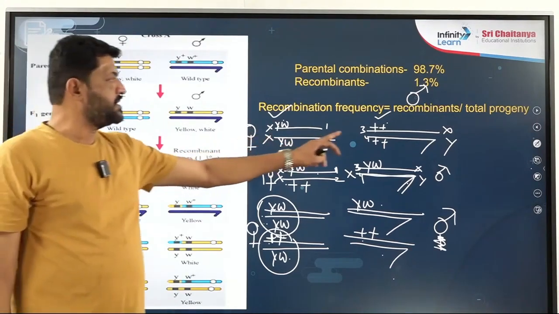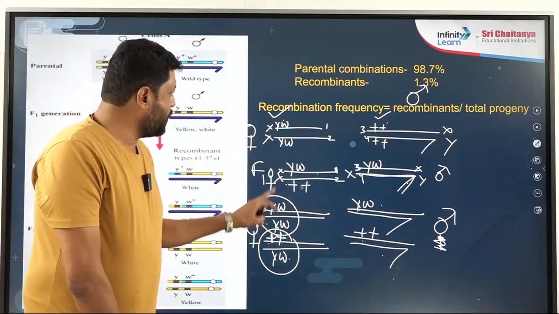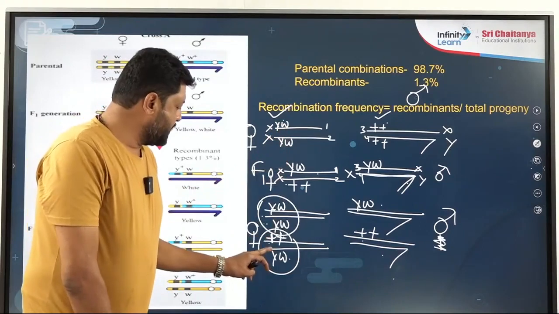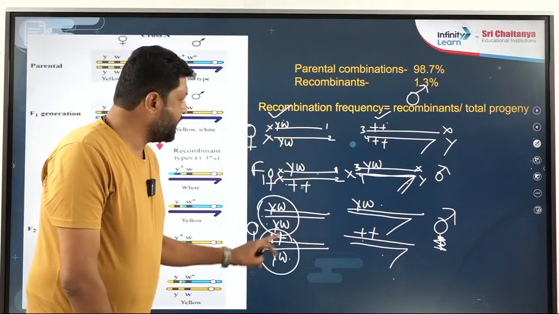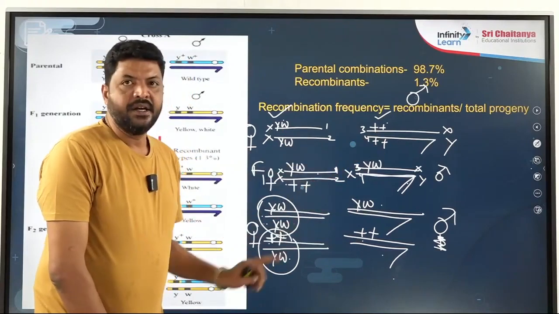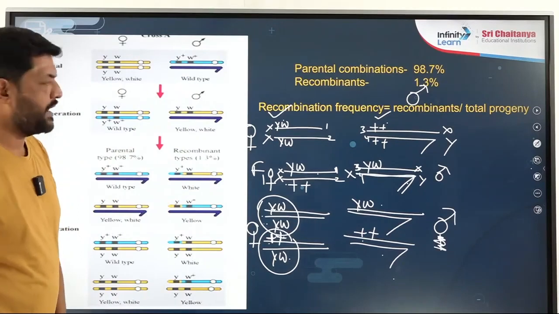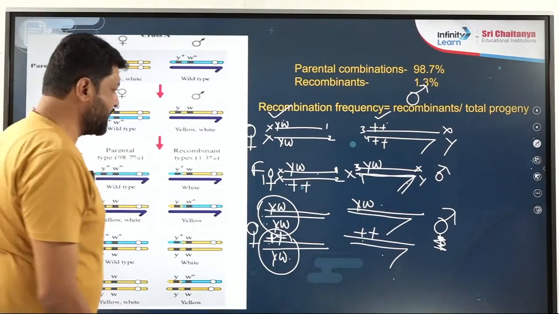This is one parent, and this is the other parent. The progeny appears like this parent, yellow white, and this parent, dominant. This is without crossing over. Was it clear? Then let's see with crossing over.